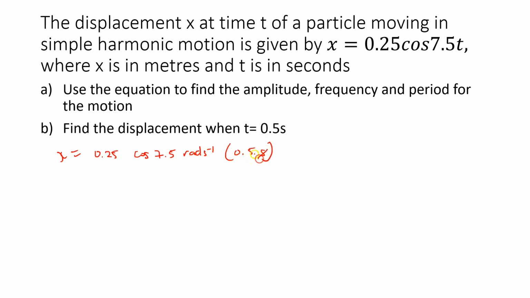Now, as you can see, seconds and per second cancel out, leaving us with 0.25 cos of 7.5 rads times 0.5. This becomes particularly important whenever we are trying to find cos of some number that is in radians.